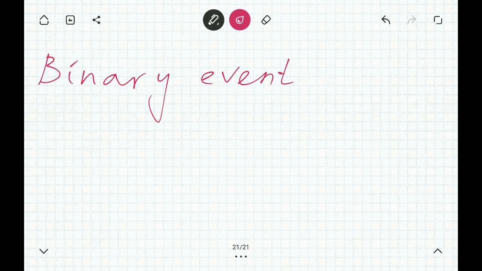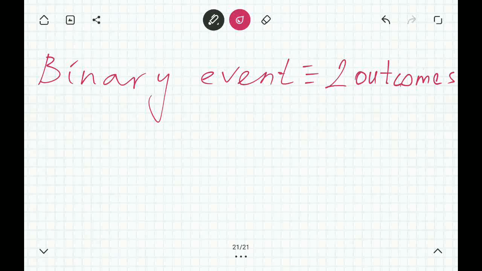And I want to now focus on special kinds of binary events. So I want them to be binary and independent. So if you repeat the event, the outcome after your first try does not in any way affect the outcome of your next one.